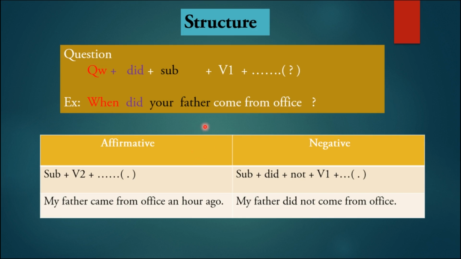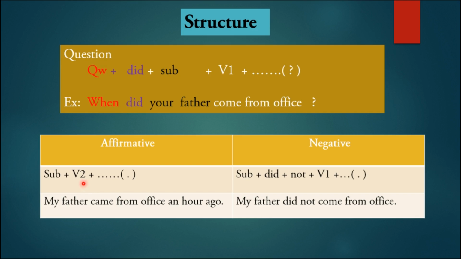It has two answers. The first one is affirmative, as we know it is a positive sentence. The second one is negative. The structure of the affirmative or positive sentence is subject plus V2 plus dash dash dash full stop. Sometimes we can write here object.